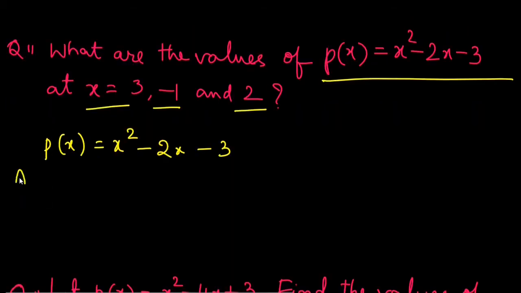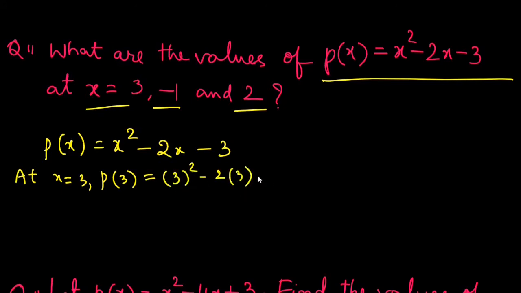Now at x equal to 3, that means p of 3. P of 3 is 3 square minus 2 into 3 minus 3. This is 9 minus 6 minus 3.